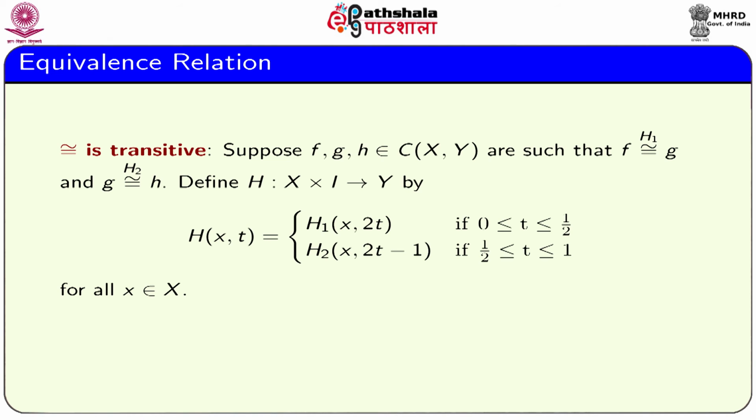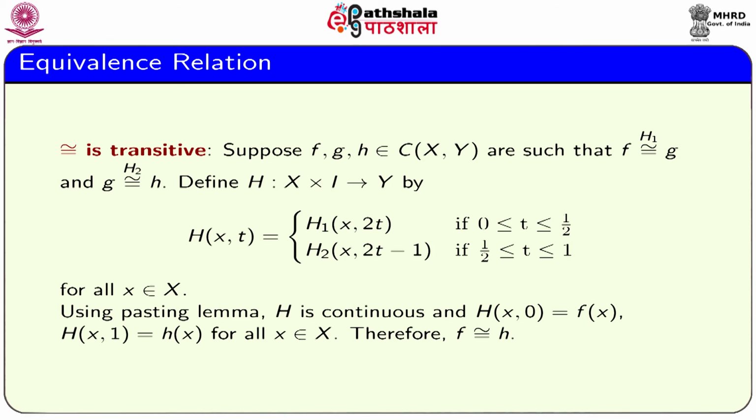So we define the function H from X cross I to Y by H(x,t) equal to H1(x,2t) when t varies over 0 to half, and H2(x,2t minus 1) if t varies from half to 1, for all x belonging to X.